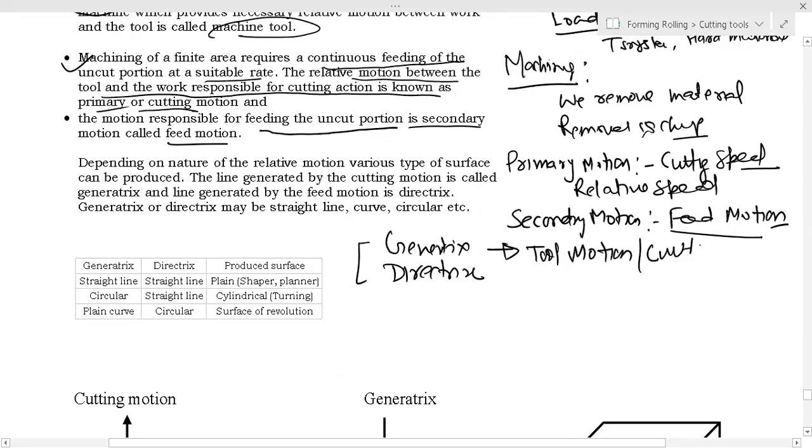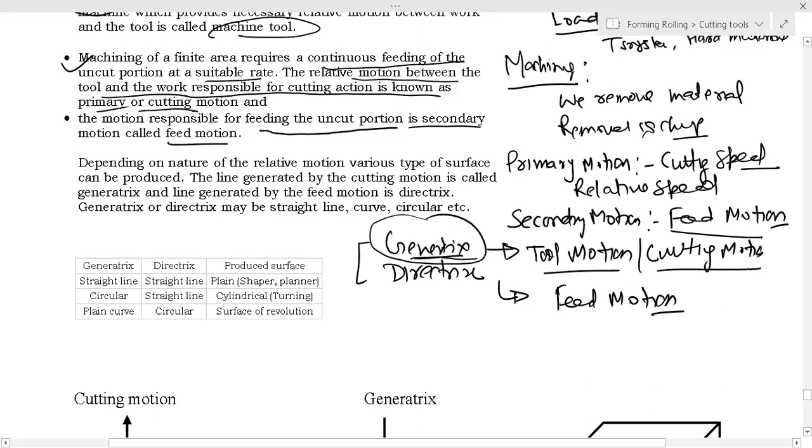Cutting motion we call generatrix, the tool motion, and directrix is actually the guide motion. It is basically your feed motion. So you have generatrix, which is your tool motion, or cutting motion, and the other is directrix, which we actually call feed motion.